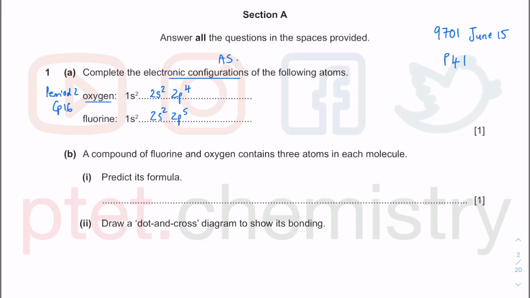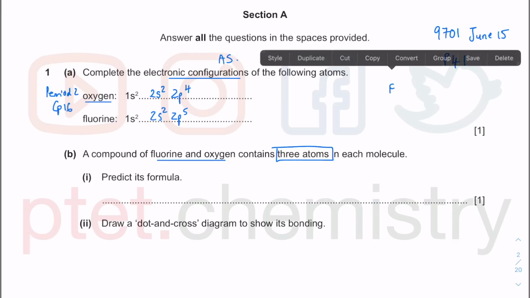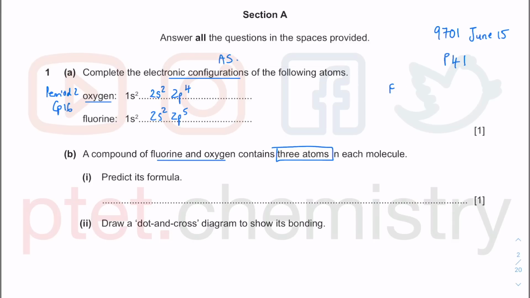In the second question, a compound of fluorine and oxygen contains 3 atoms in each molecule. If you think about fluorine, this is going back to your O-level, IGCSE or GCSE level chemistry, in terms of 2-7 electronic configuration, just a really simplified configuration. We look at the number of outer shell electrons, and then valency is what you call the combining power.